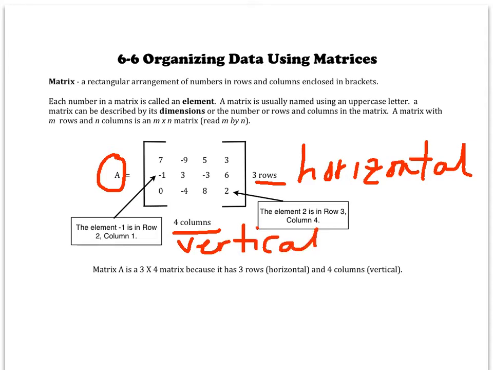So columns are the up and down, and rows are the horizontal or the across. A matrix with m rows and n columns is an m by n matrix. Matrix A is a 3 by 4 matrix because it has 3 rows, horizontal, and 4 columns, vertical.